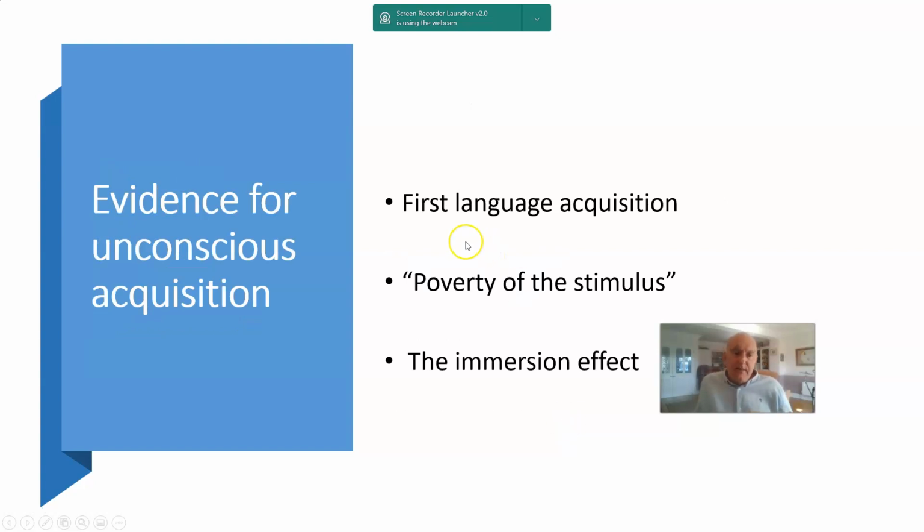So, the evidence for this unconscious acquisition, well, as I've mentioned, it comes from first language acquisition. It also stems from an idea which is known in the literature as poverty of the stimulus. This is the idea that you can create an infinite number of sentences on limited means. So, for example, we will all come up with sentences at some point that we've never heard.